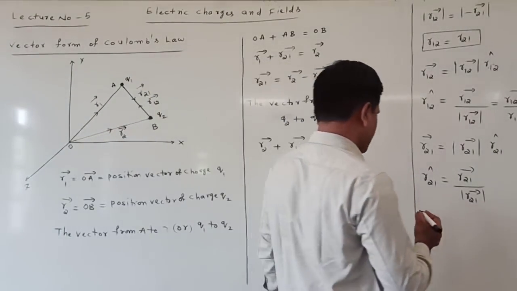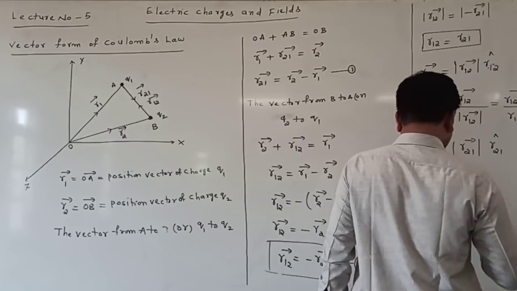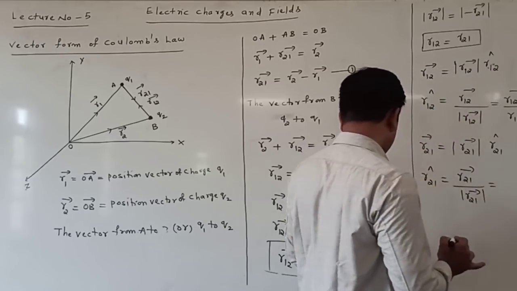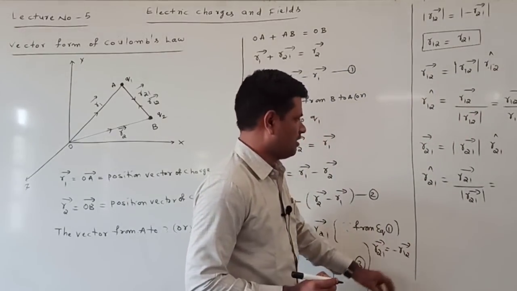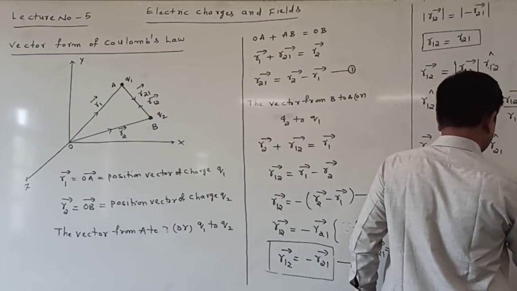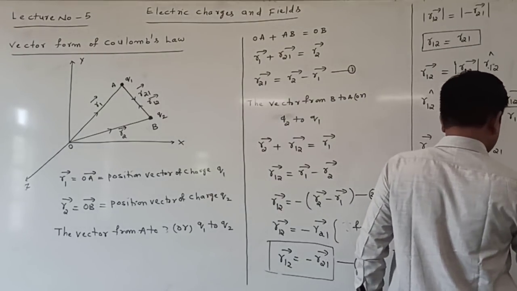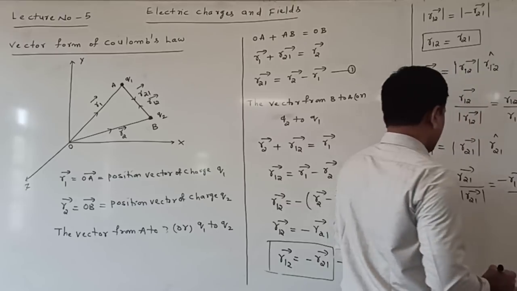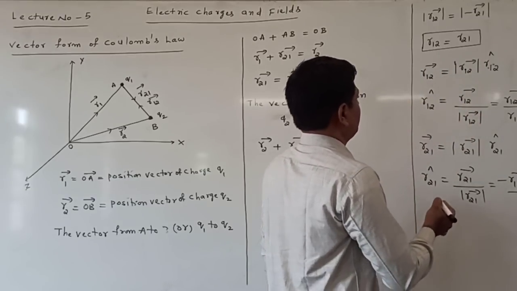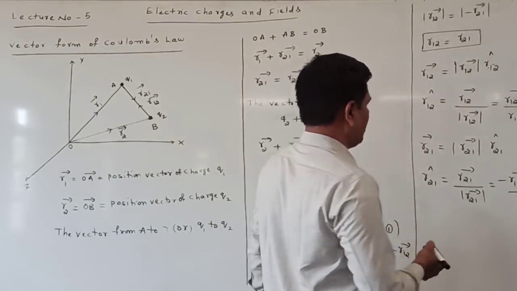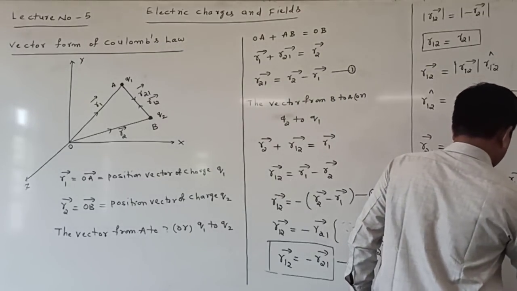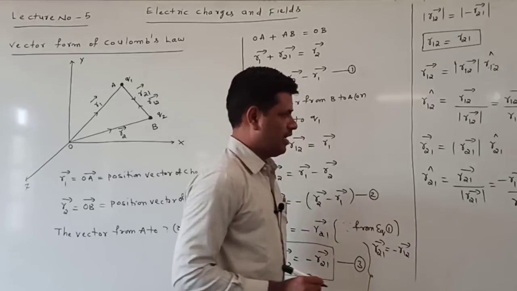So from this equation I am writing minus of r21 bar is equal to minus of r12 bar. We can write like this: mod r21 is equal to r21. Right, like this we can write.